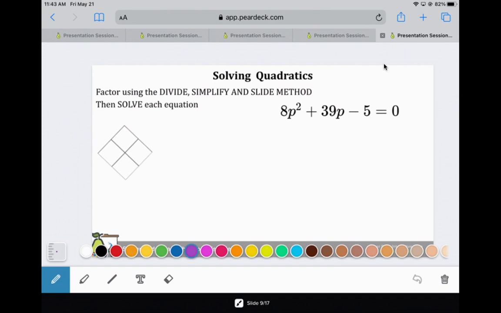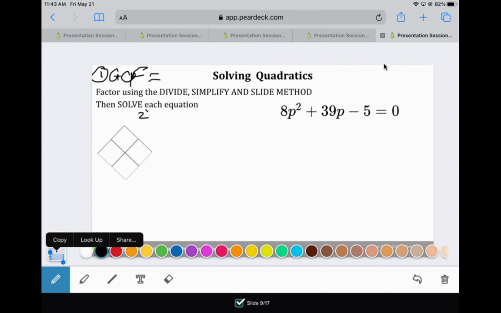Okay, so step number 1, I need to figure out if there is a GCF. GCF is the biggest number that I can divide by, right? So I have 8, 39, and 5. Between 8 and 5, I know I don't have a common divisor, so there's none. So I don't have to worry about that.